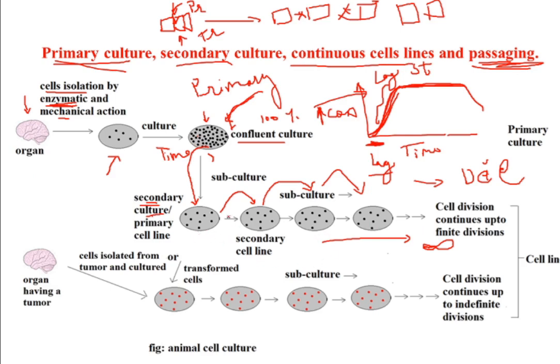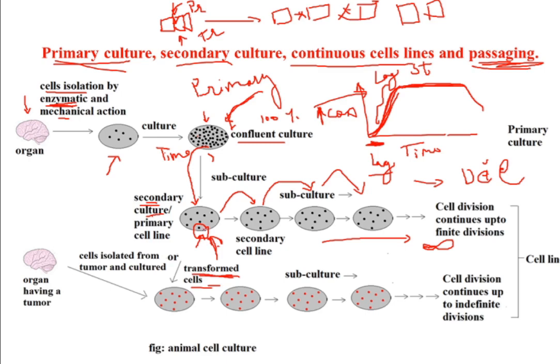After creating the secondary culture, you take out the cell and try to transform it. Transforming cells means maybe you fuse it with another cell, or you deliberately infect the cells with viruses, and because of that the cell gets transformed. In simple language, a transformed cell means a cancer cell. By various methods you can cause the cell to become a cancerous cell.